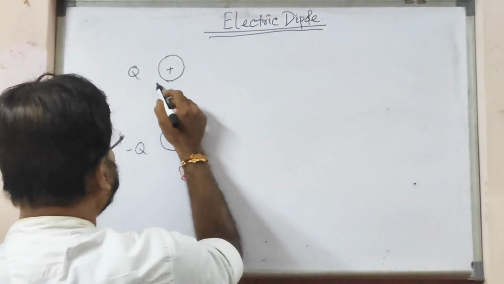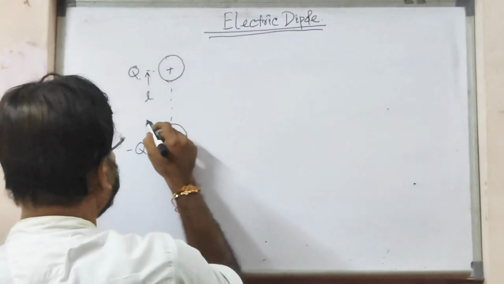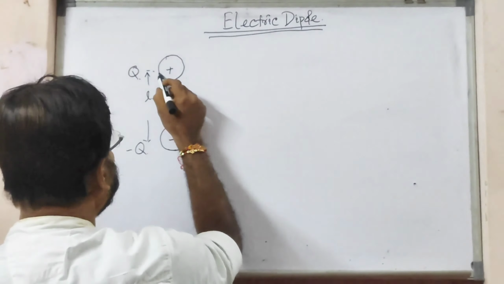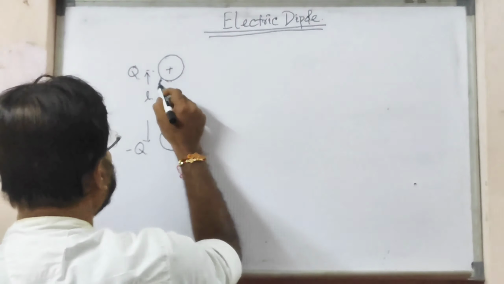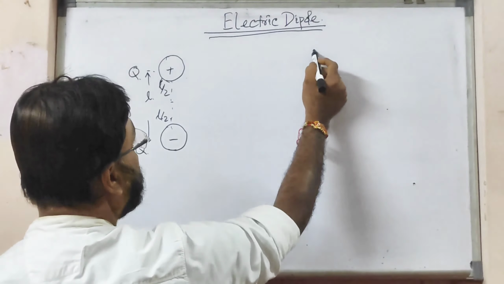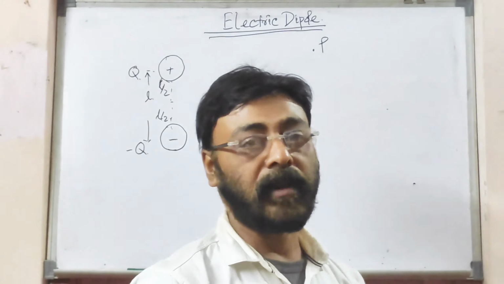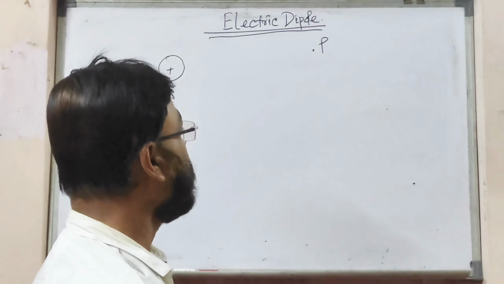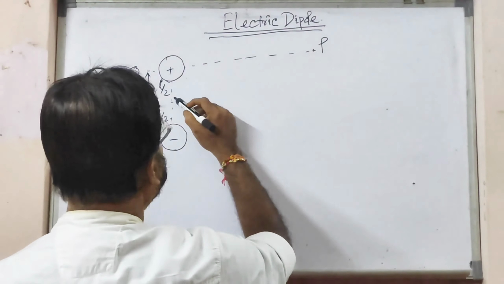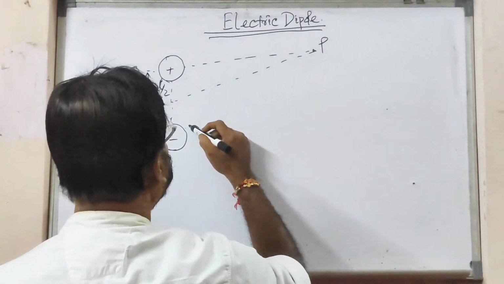Let the distance be L. The middle point is at a distance of L by 2 from each charge. Let P be the point of interest where we are going to find the potential due to the two charges. Now let us connect this point to each charge and to the middle.